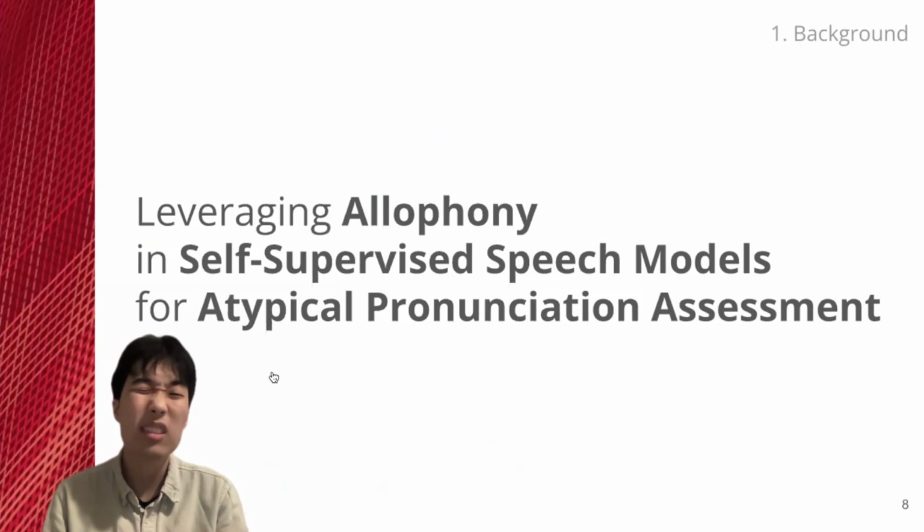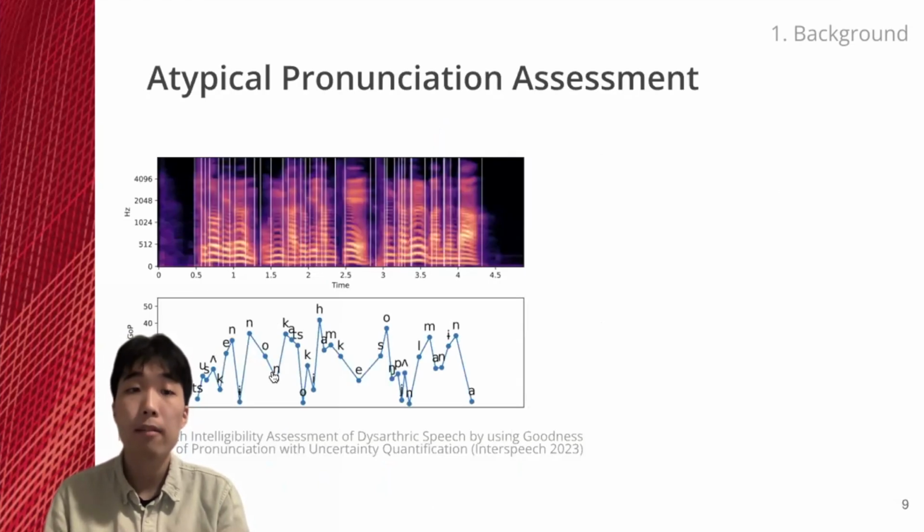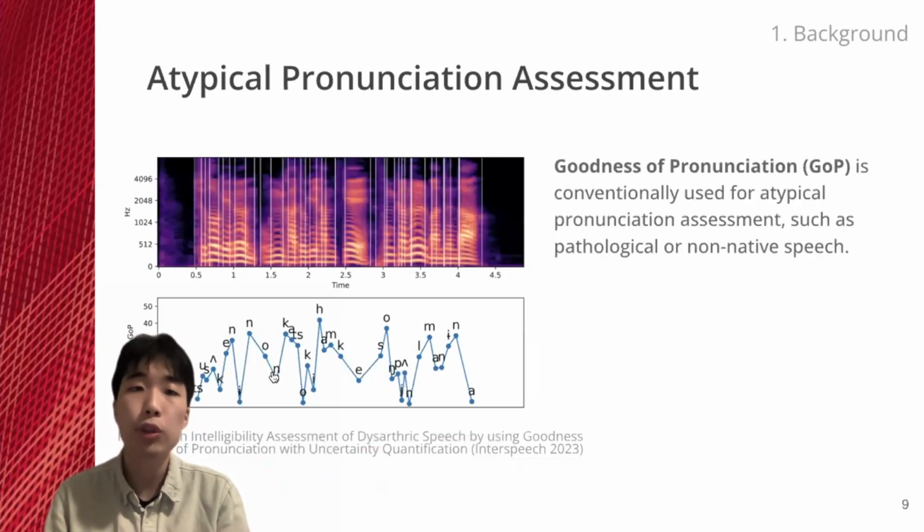Now let's see how we usually do typical pronunciation assessment. For assessment, goodness of pronunciation, or GOP, is commonly used. GOP is like the degree of similarity between produced and correct pronunciations of phonemes.